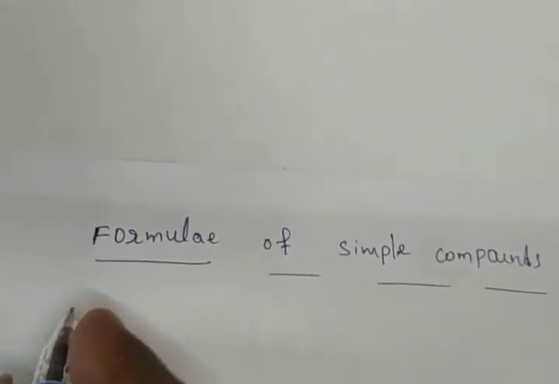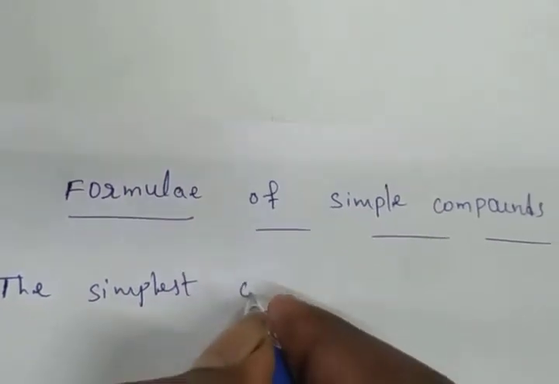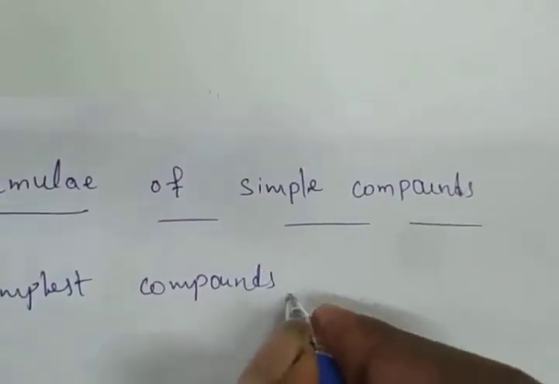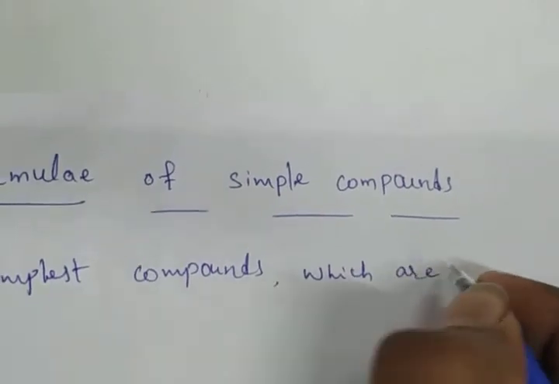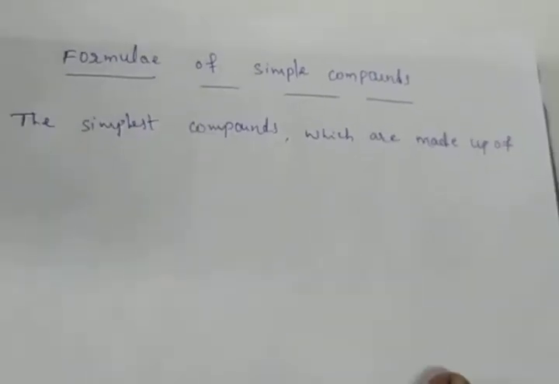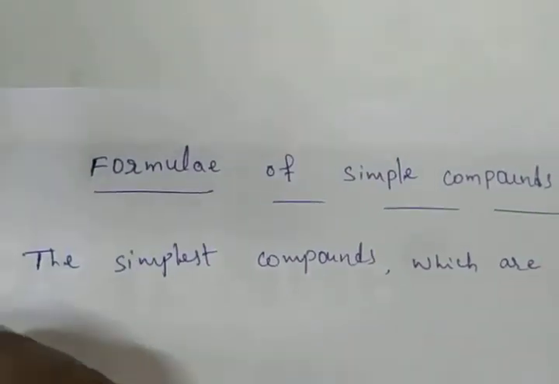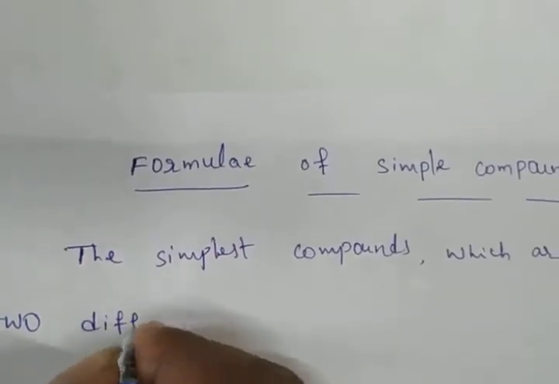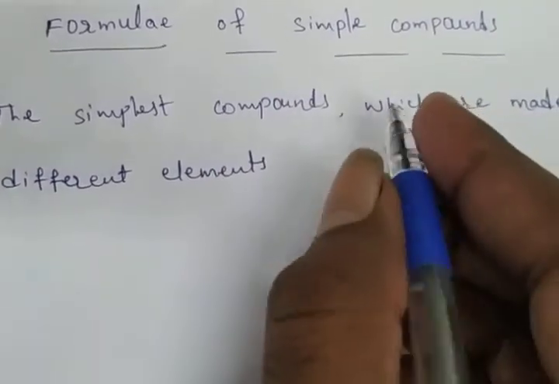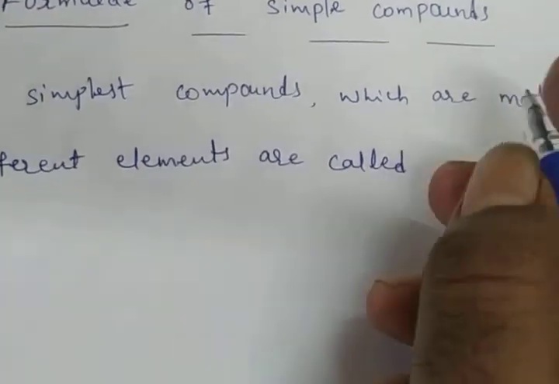First, the simplest compounds which are made up of two different elements are called binary compounds.